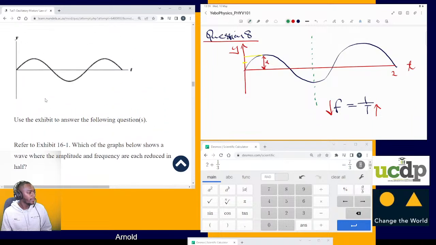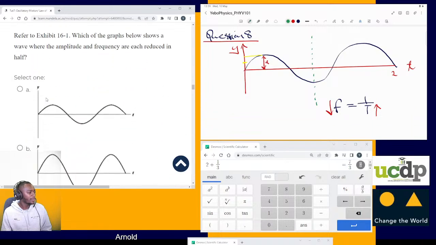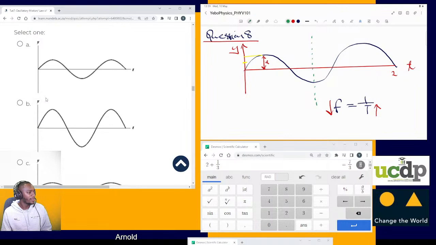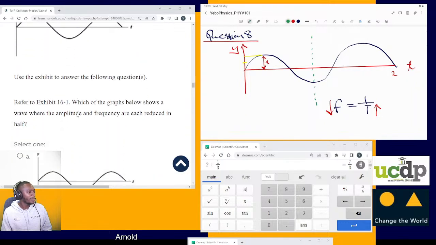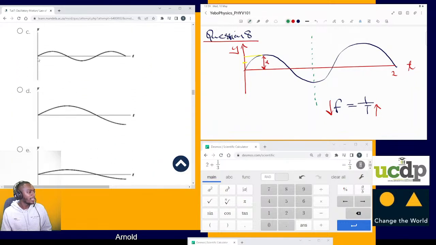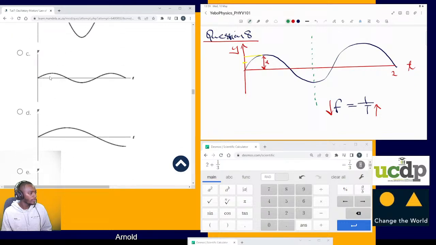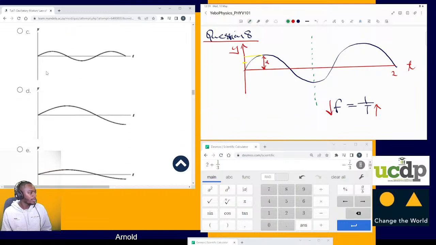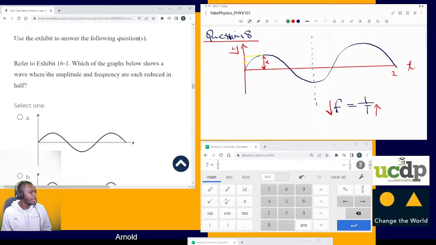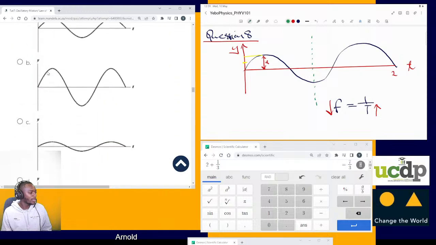Graph A, the first graph, is exactly similar to the one that we have, so we can eliminate that. Graph B, the amplitude has actually doubled and the period did not change. Then graph C, the amplitude has reduced to half, which is what we want, but the period did not change.